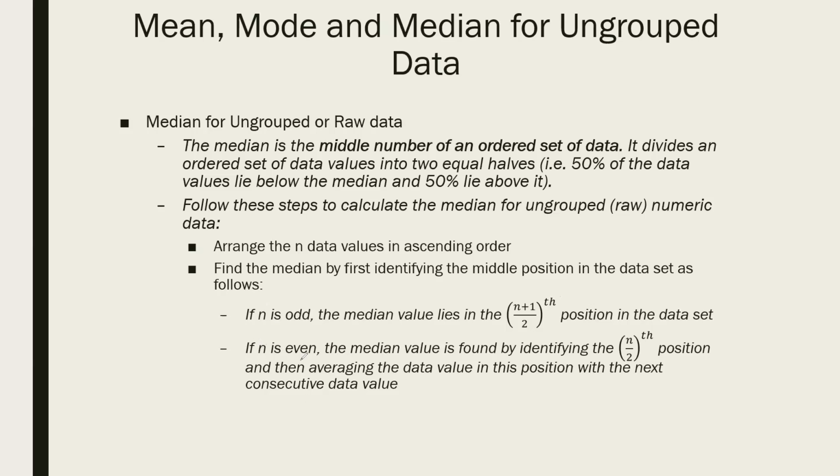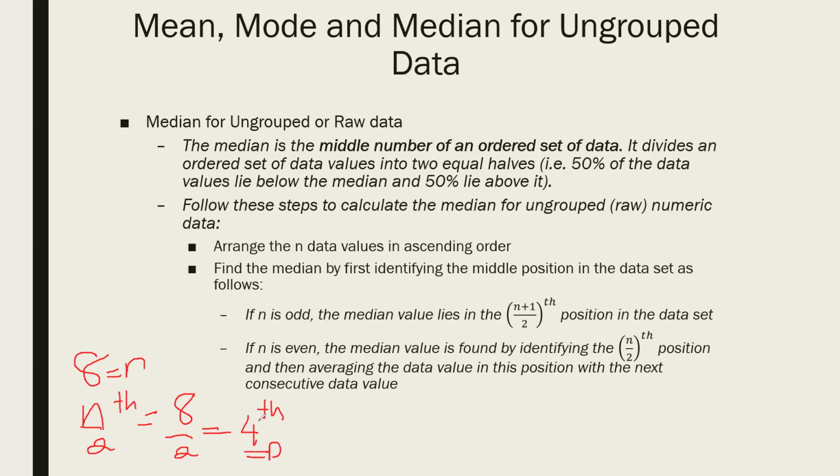However, if n is even, the median value is found by identifying the n over 2th position. So let's say we have the number 8 as n, right? So if we want to find the median, we identify the n over 2th position, meaning in this case we say 8 over 2 to get the fourth position, right? When you get this fourth position, you wait, right?